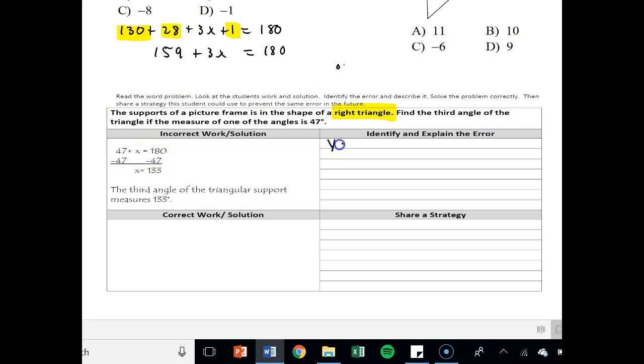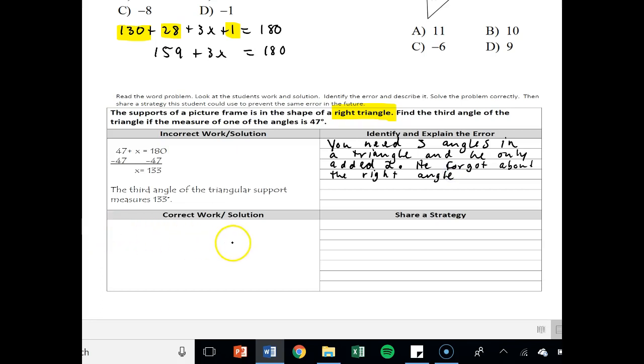You need 3 angles in a triangle, and he only added 2, right? He forgot about the right angle because it said right triangle.